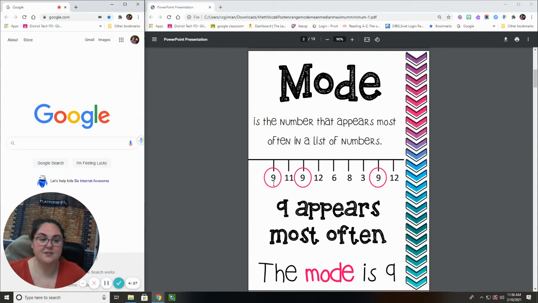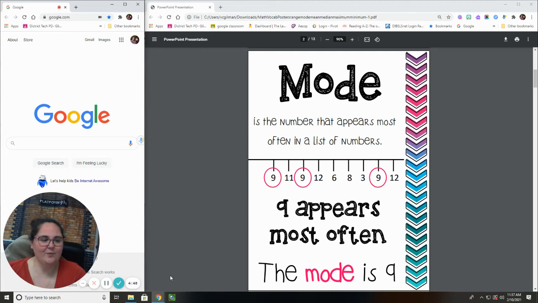Given this list, I see that the number 9 was used 3 times. 12 was only used twice, and everything else was used only once. So in this data set, your mode would be 9 because it's the most often.